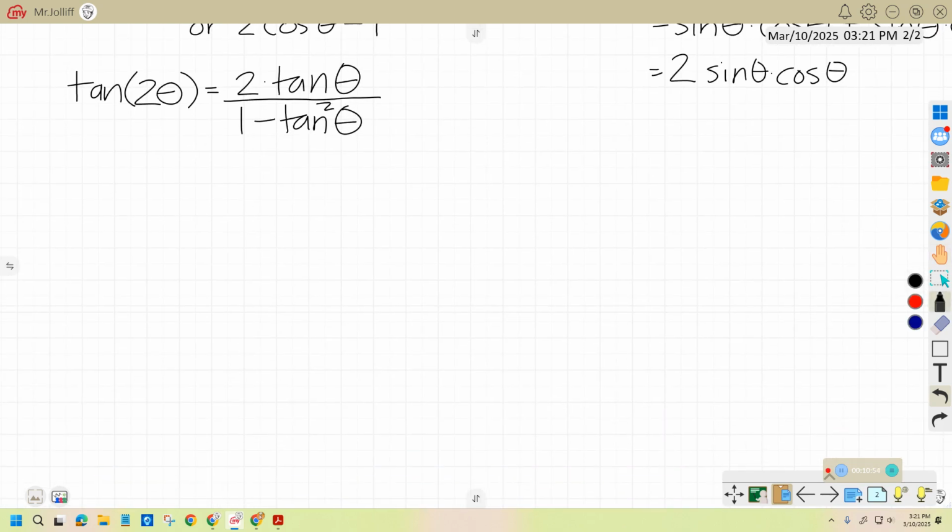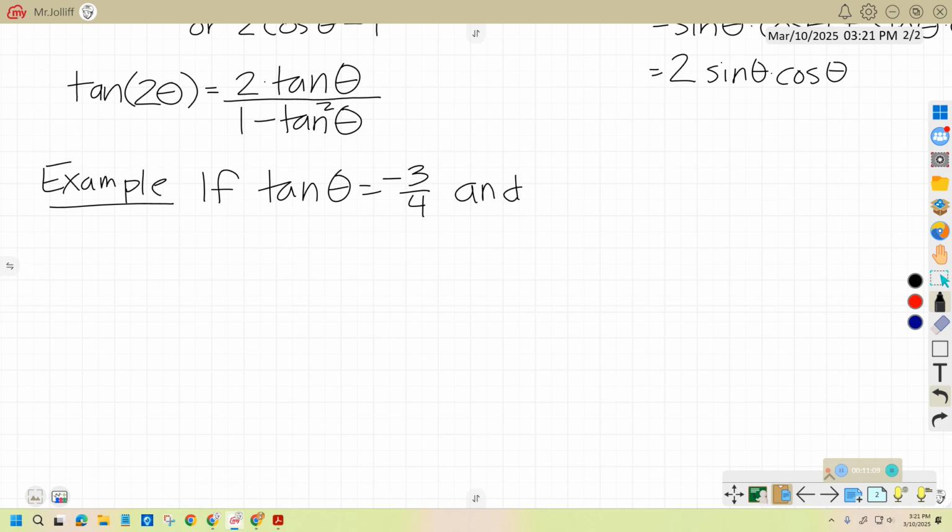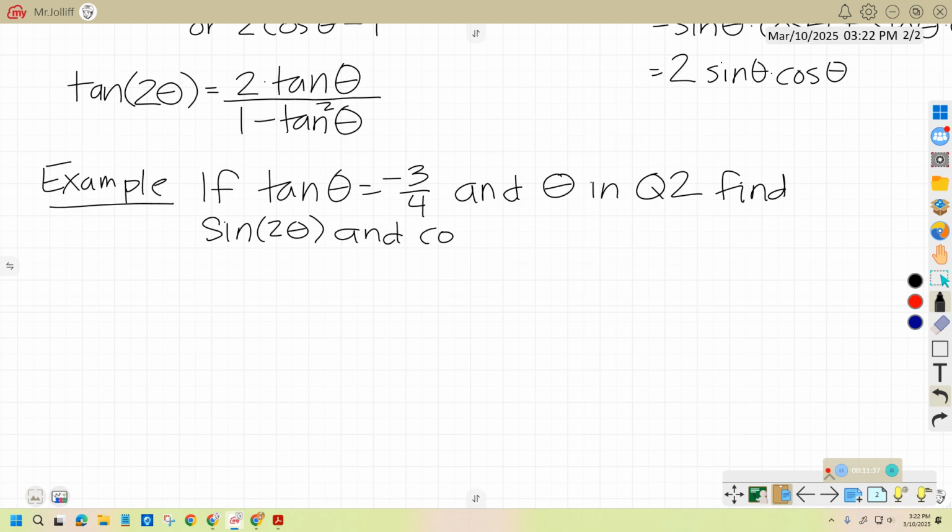Let's do an example. If tan theta equals -3/4, so we know tangent of an angle, and we know that that angle is in the second quadrant, we want to find sine of 2 theta and cos of 2 theta.